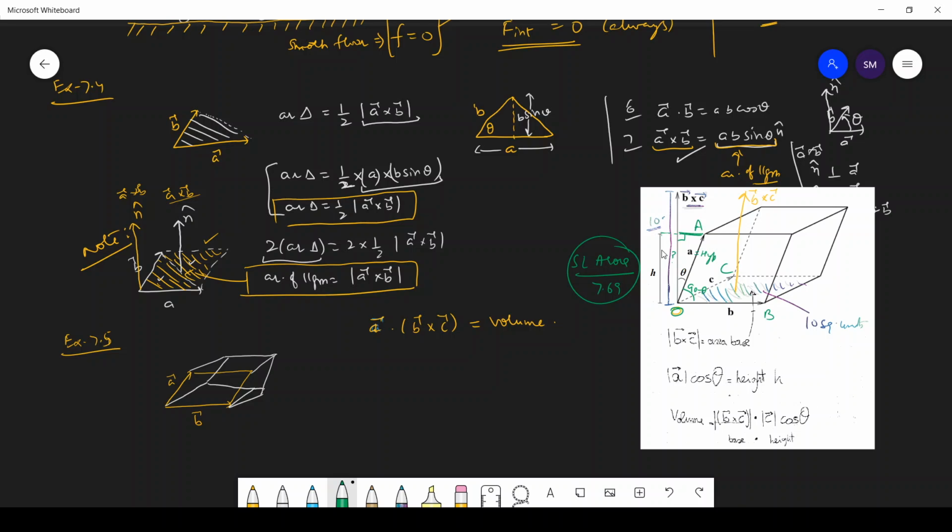So that's adjacent upon hypotenuse is cos, so h is equal to A cos theta. Height is equal to h is equal to A cos theta.